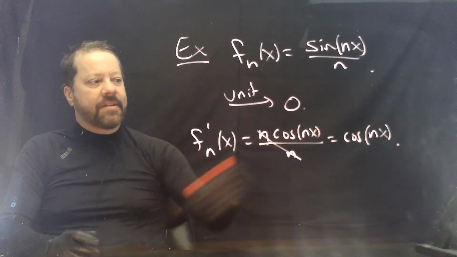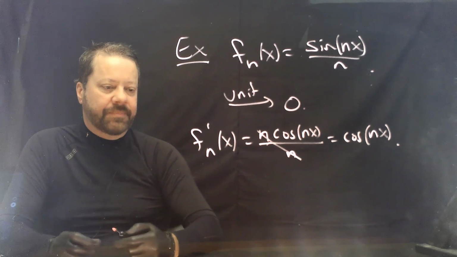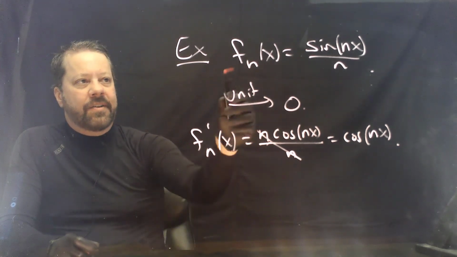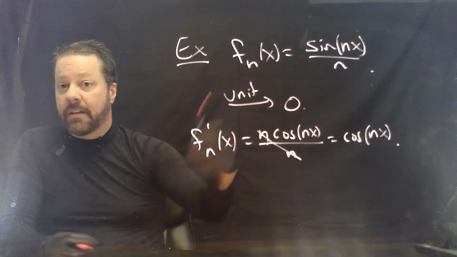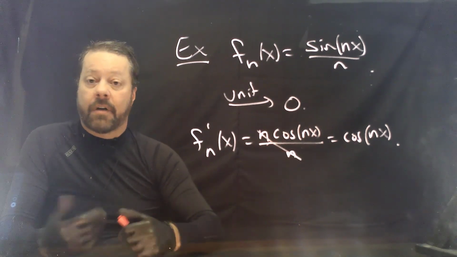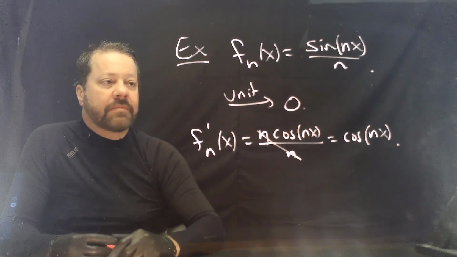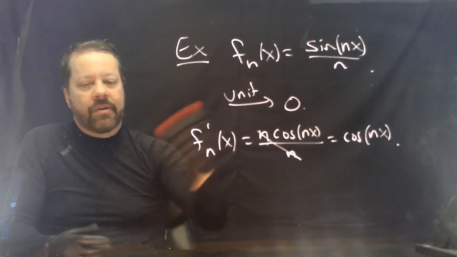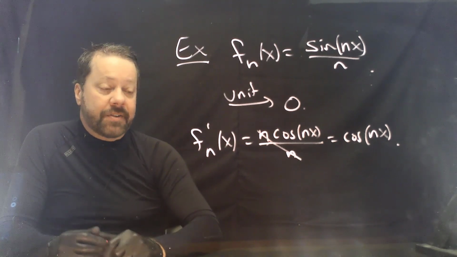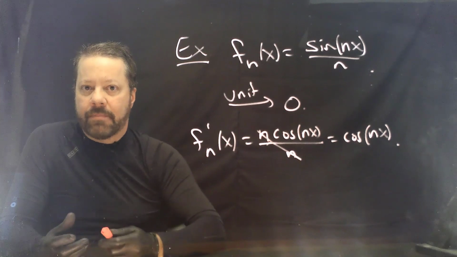You have points in the domain where you just keep oscillating back and forth and don't settle on anything. So the sequence of derivatives will not converge to anything at many points in the domain, whereas the derivatives of the zero function are 0, which has no problem with definition at all. So derivatives don't necessarily give you convergence, even if the original convergence was uniform.